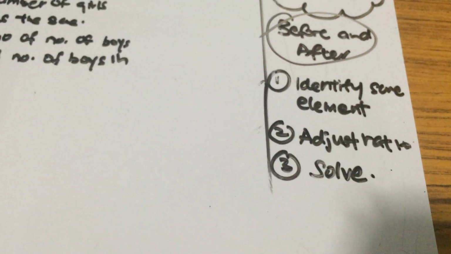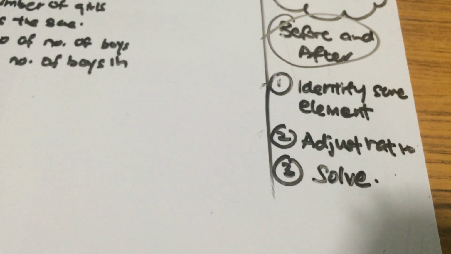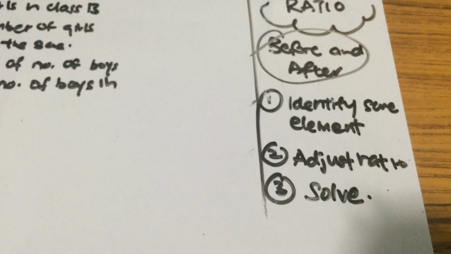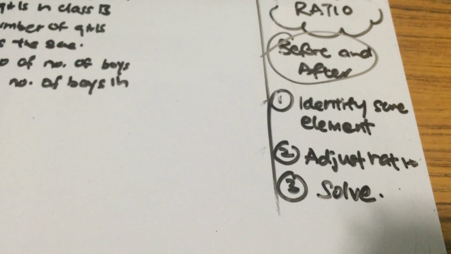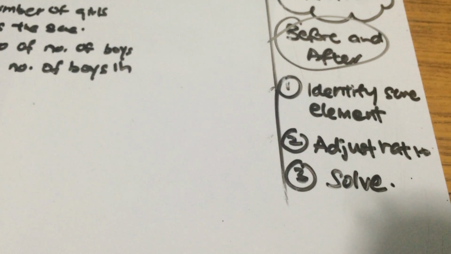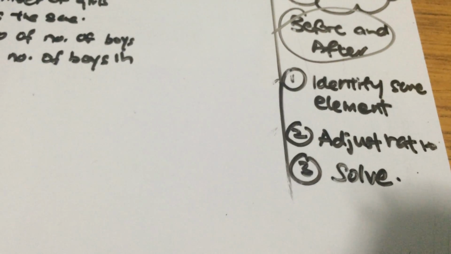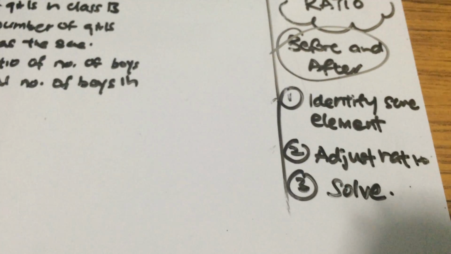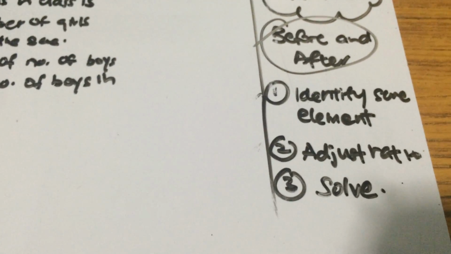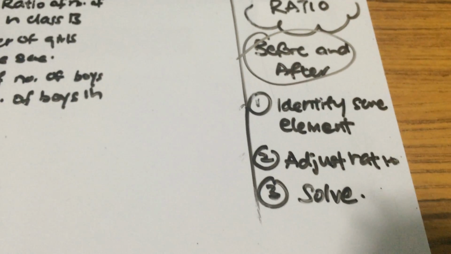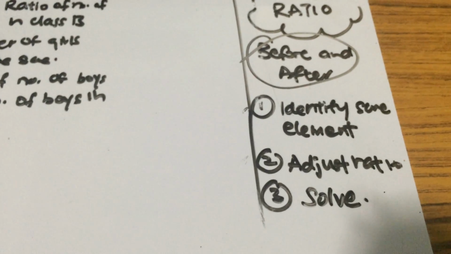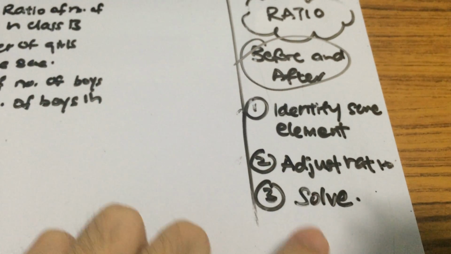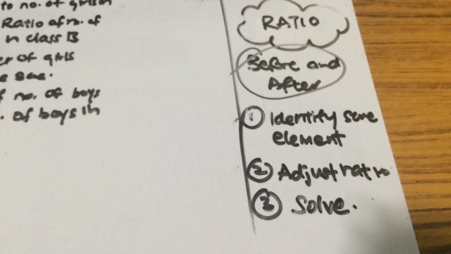Basically, we need to seek out the element that remains the same before and after. It could be the number of girls in the class before and after remains the same, or it could be the total number of students in the class remains the same before and after. So first, we identify the same element, followed by that we make use of this same element in both before and after to adjust our ratio, and finally we solve the problem.